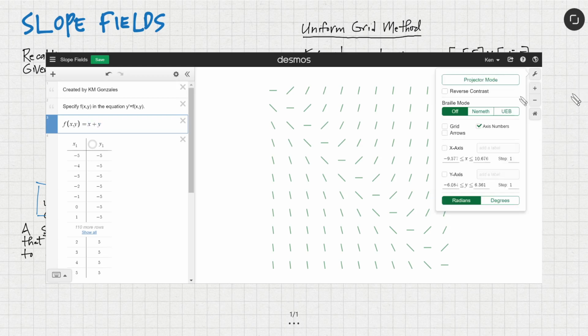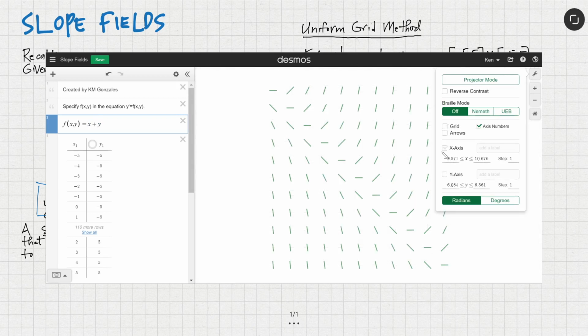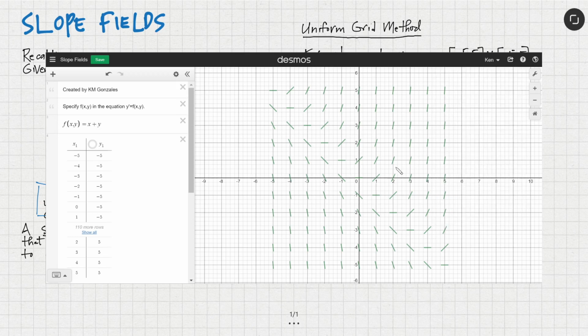Okay. So, ilagay natin yung grid. X and y axis. Maybe the grid. Ayan. So, sakto, yung grid natin dito ay negative 5 to positive 5, and then negative 5 to positive 5 din yung x-axis.